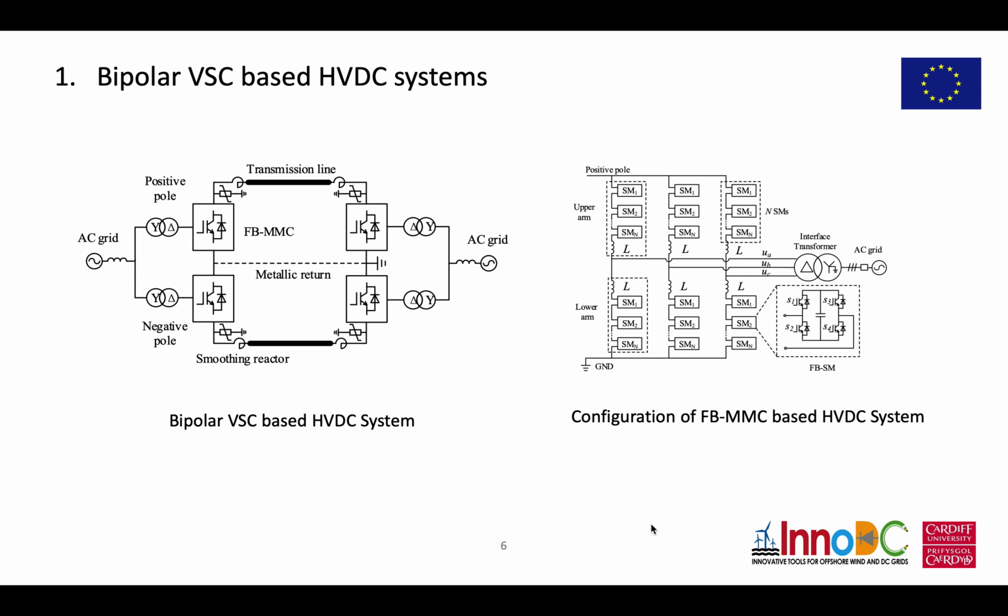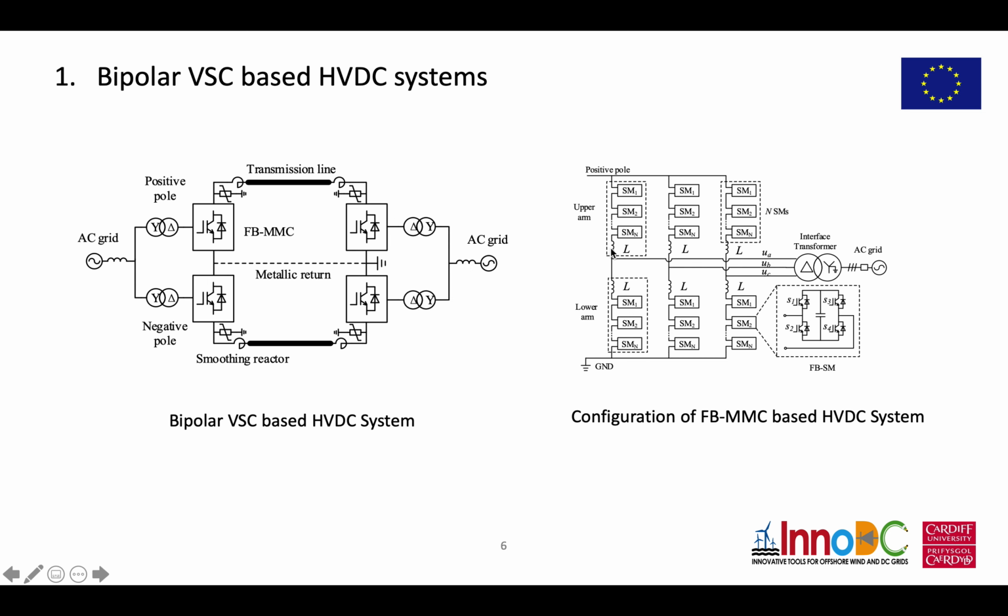A bipolar HVDC system is given here. Normally, a bipolar HVDC system contains positive and negative DC bars, and the converters are connected to the AC grid with the interface transformer.